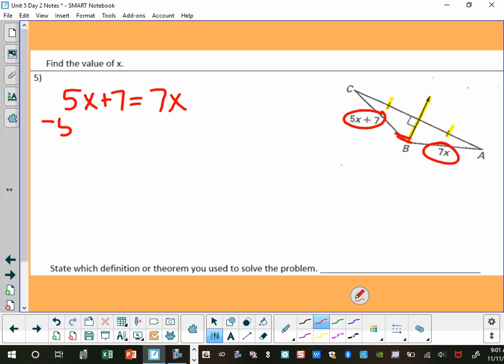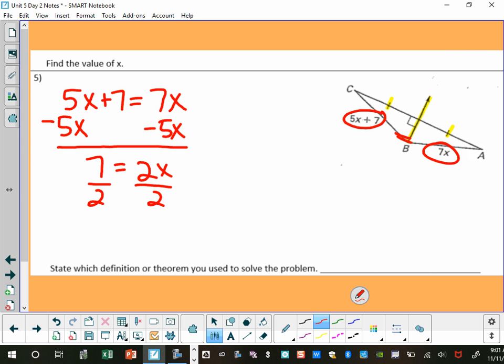All right, check your work with my work. All right, so x equals 7 over 2, or what's that decimal? 3.5. Good. You can give me either answer.